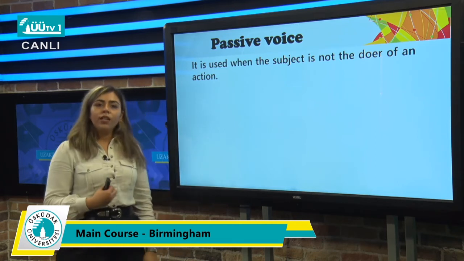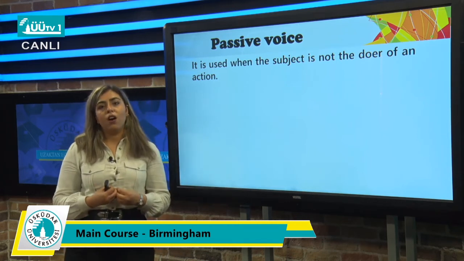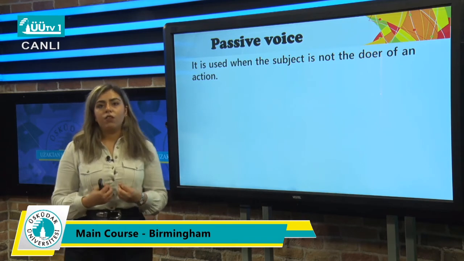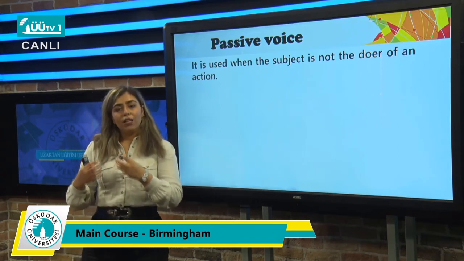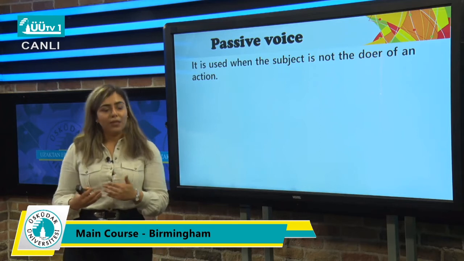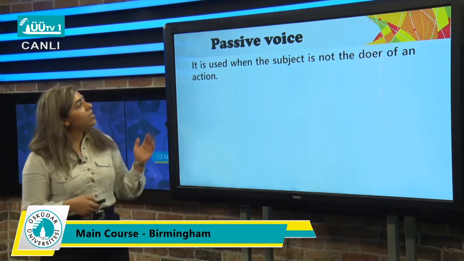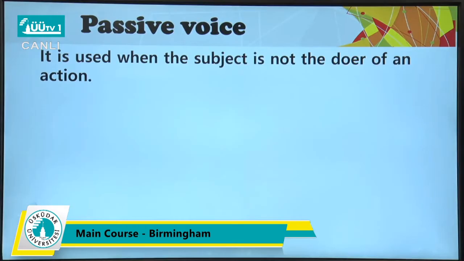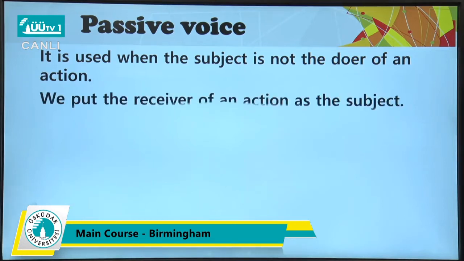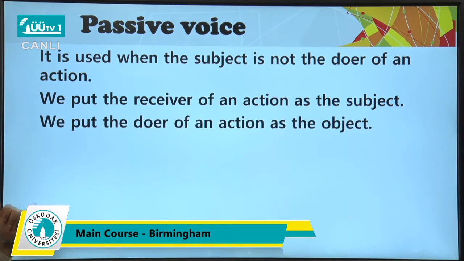The thing we care about, or we put emphasis on, is the receiver of the action, or the action that has happened. So it is used when the subject is not the doer of an action. We put the receiver of an action as the subject. We put the doer of an action as the object. So they work like interchangeably.